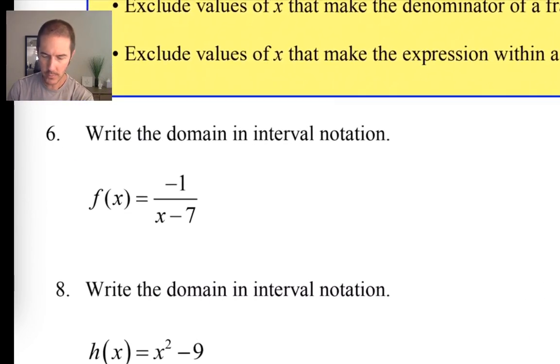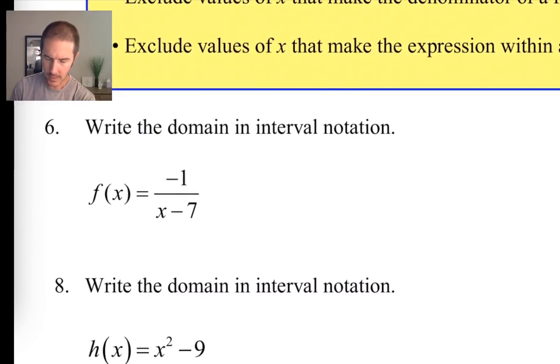So let's go in and look at some of these different situations in a little more detail. Here we're given a function called f, and f of x is equal to negative 1 over x minus 7. And when I see that variable in the denominator, I know that I've got to be careful.